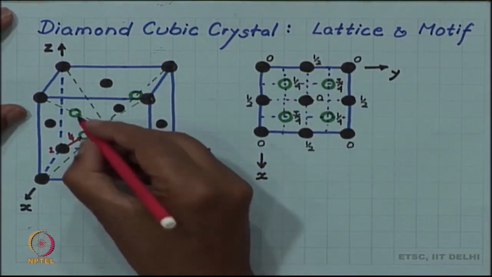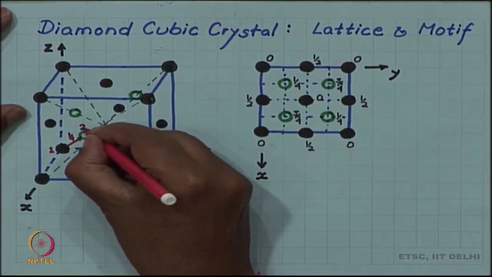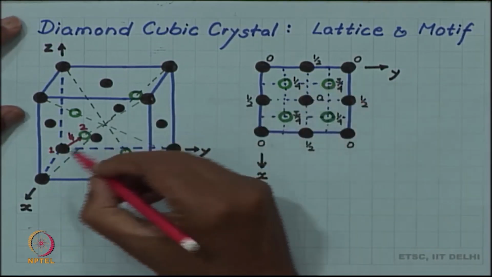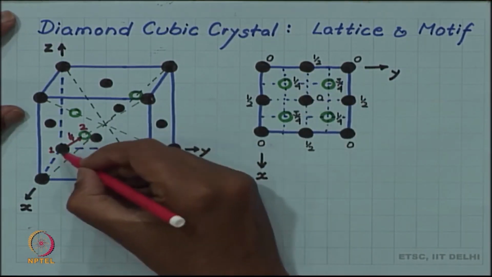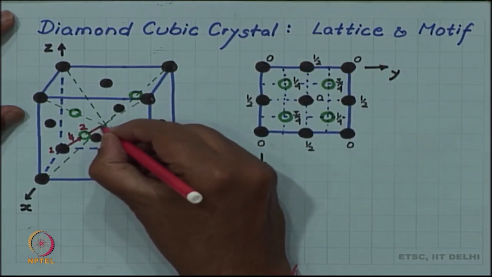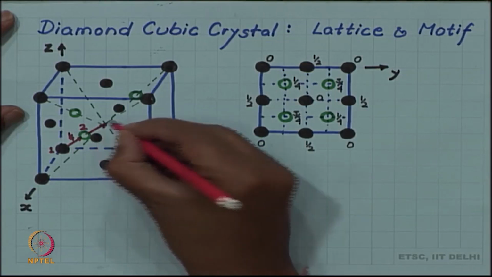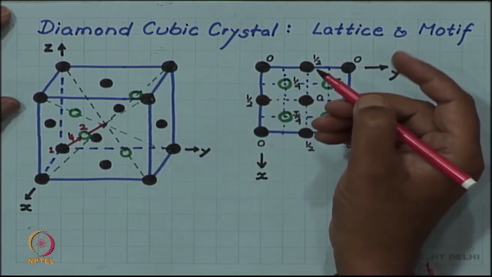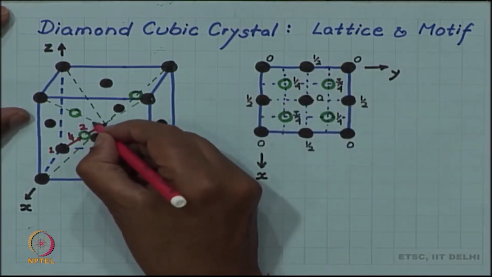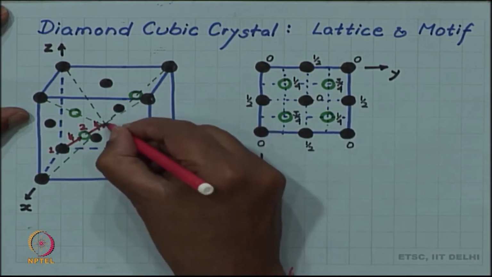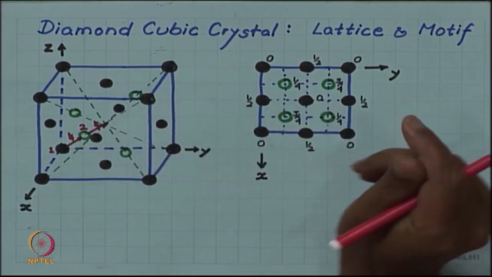So, 1 has a neighbor, and let me call this atom 2, in this body diagonal direction at this distance. If I travel the same distance from 2, that is, if I travel another 1/4 distance along the body diagonal, then I would have traveled half the length of the body diagonal, and I will end up in the center of the cube.